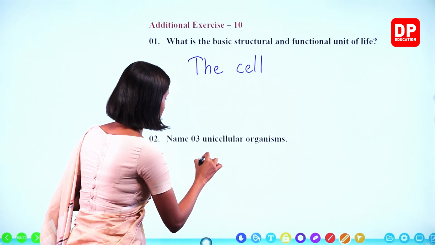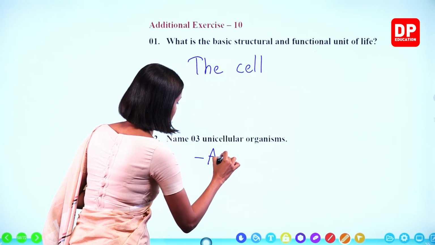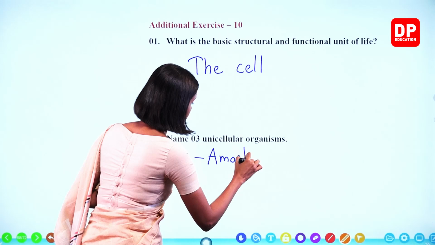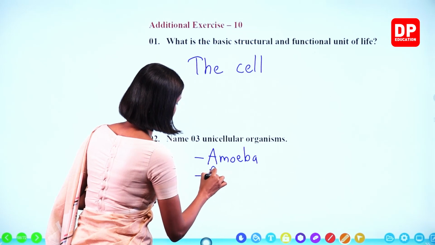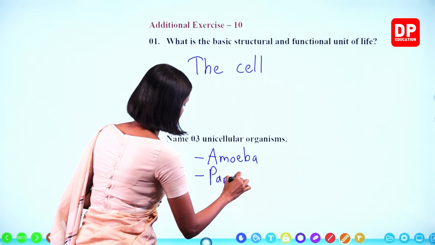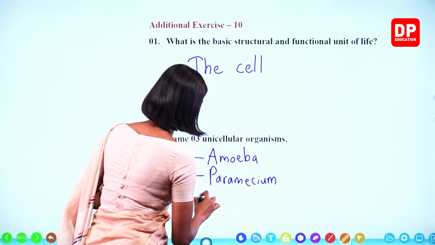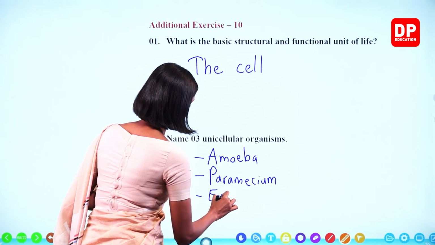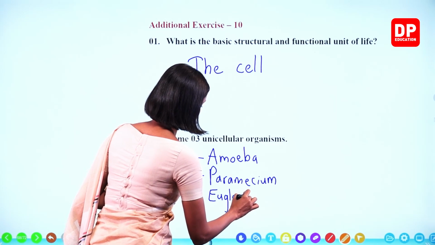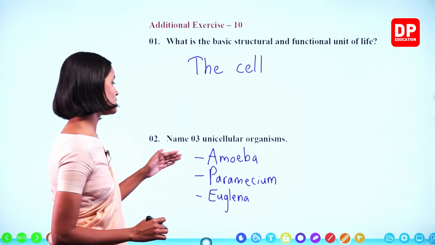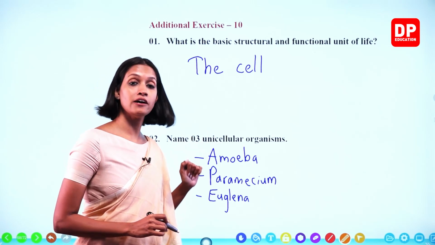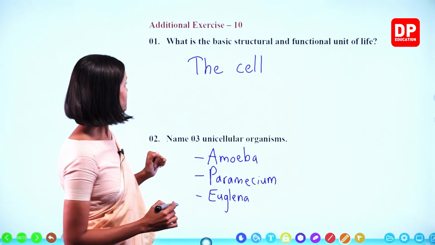We learned some examples: amoeba, paramecium, euglena. Right, children? Amoeba, paramecium, euglena are the examples.